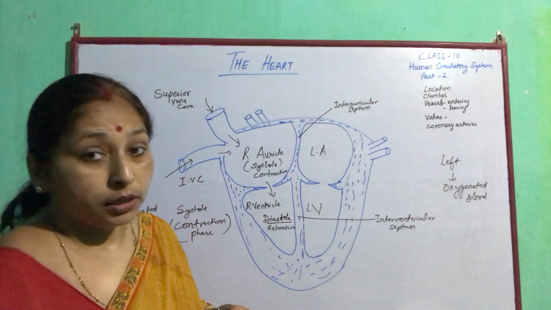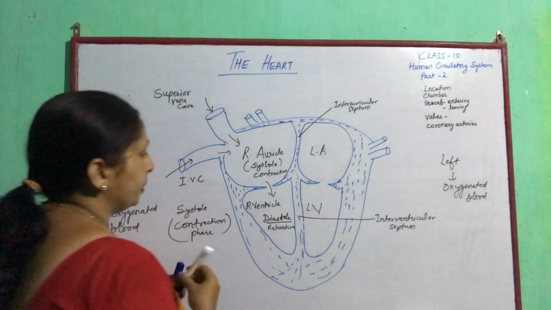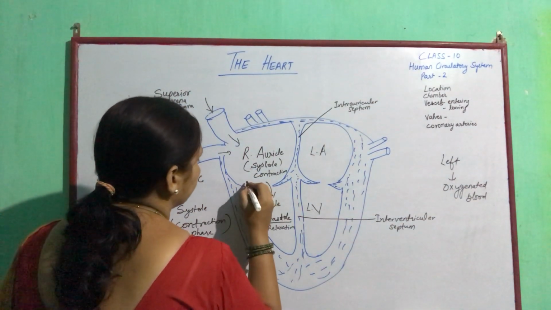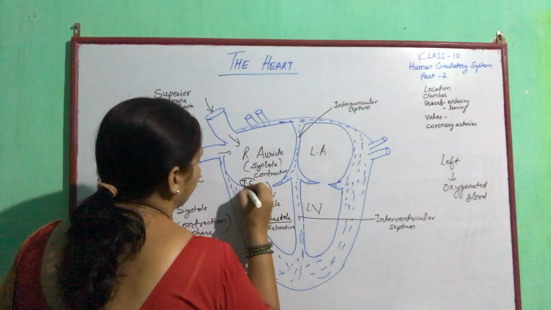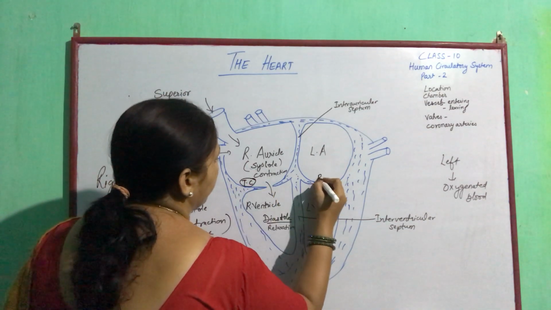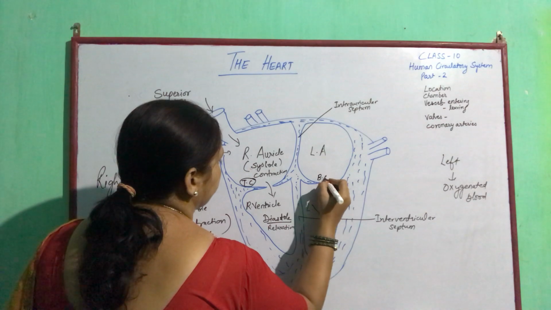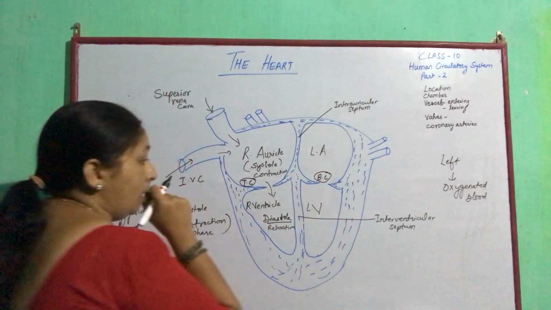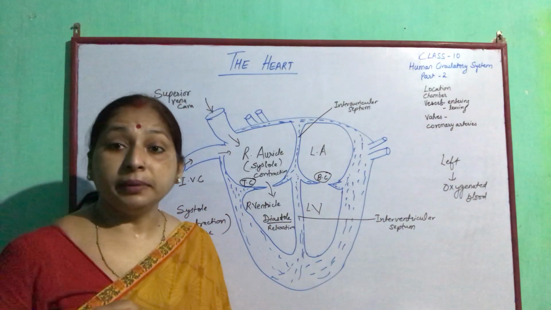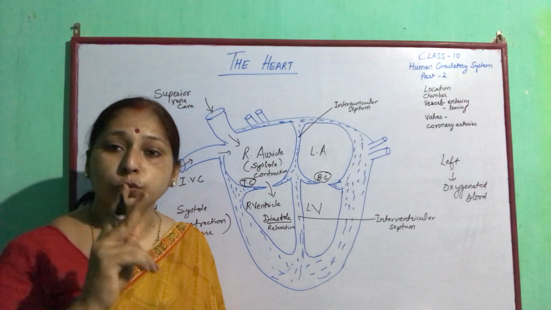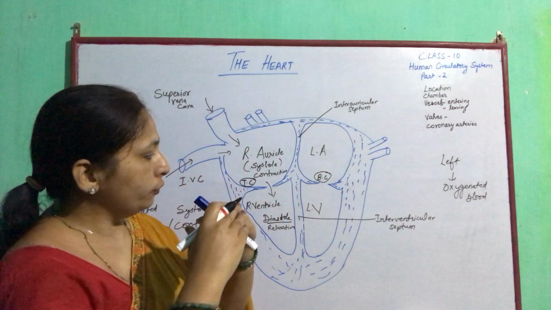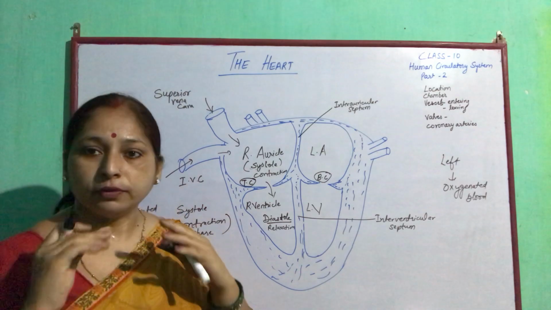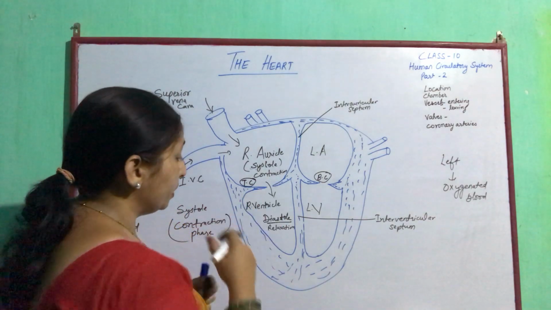So this valve is the tricuspid valve. Here, the bicuspid valve. Bicuspid means two flaps; bi means two. So it has two flaps. This one has three flaps. Tricuspid and bicuspid valves.